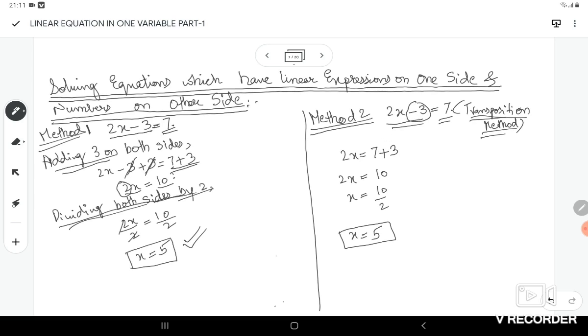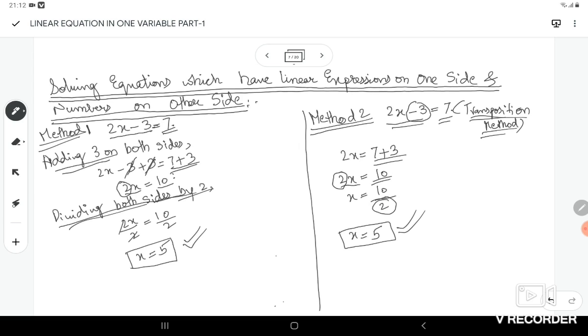So minus 3 goes to the right hand side and becomes 7 plus 3. Now 2x becomes 7 plus 3 equal to 10, and here 2 is multiplied with x, so on going to the right hand side it will be in the denominator, that is in the dividing form of 10. From here also we get x equal to 5.